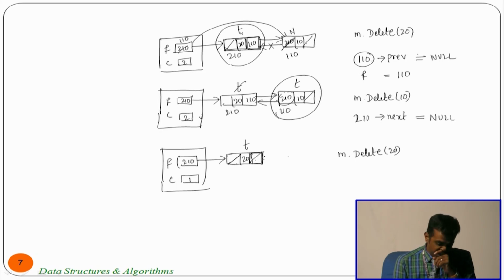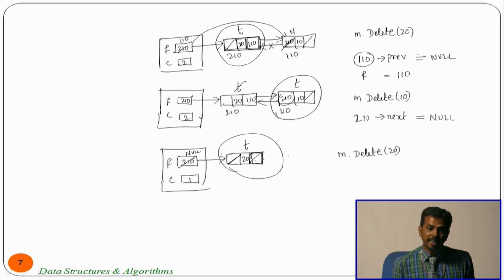So how can we solve it? In this case the previous is equal to null, but there are no further nodes. So what I have to do is change first to null, that is all. First needs to be changed to null, then I delete that element.